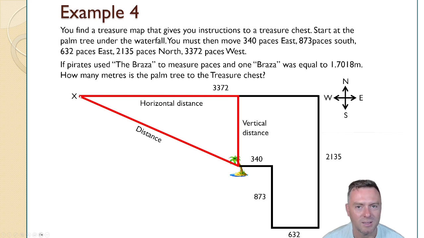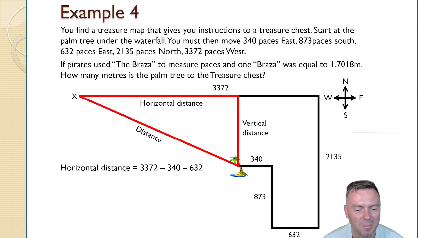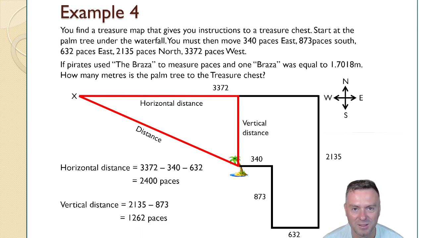Similarly, the distance across to where the treasure chest is is the whole distance, the 3,372, but then we minus the 340 and the 632. So the horizontal distance is 3,372 minus the 340 minus the 632, which gives us 2,400 paces. The vertical distance then is 2,135 minus the 873, which gives us 1,262 paces.